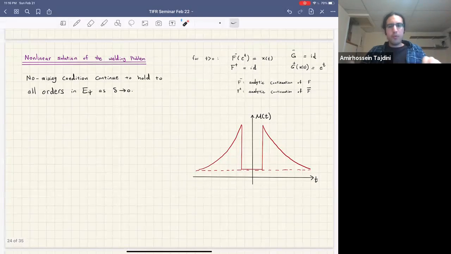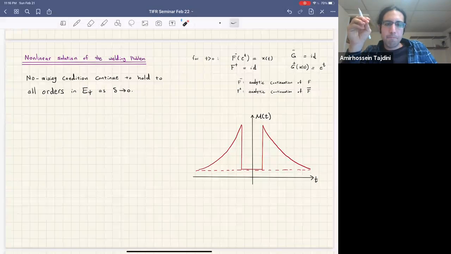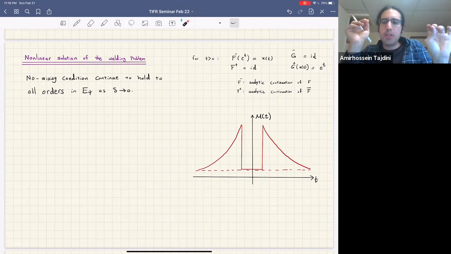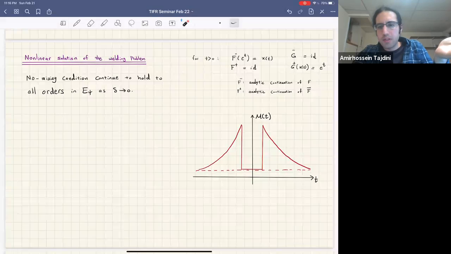One of our main observations was that because these positive and negative modes are not coupled to each other as this offset goes to 0, this allows you to solve this welding problem to all orders in energy. The previous slides were for small energy, where we can treat this perturbatively. But what we observed is that if delta goes to 0 and these two solutions don't talk to each other, then you can solve the conformal welding to all orders in energy.